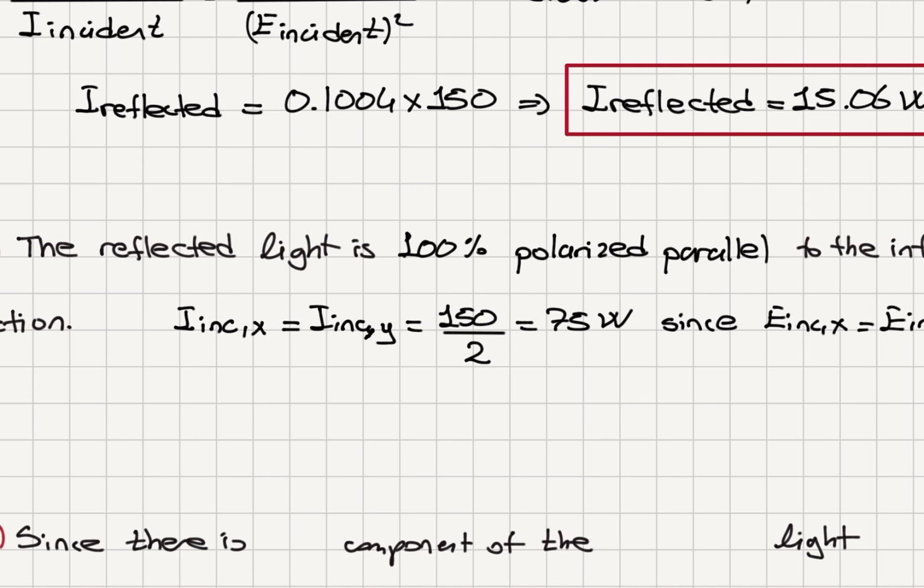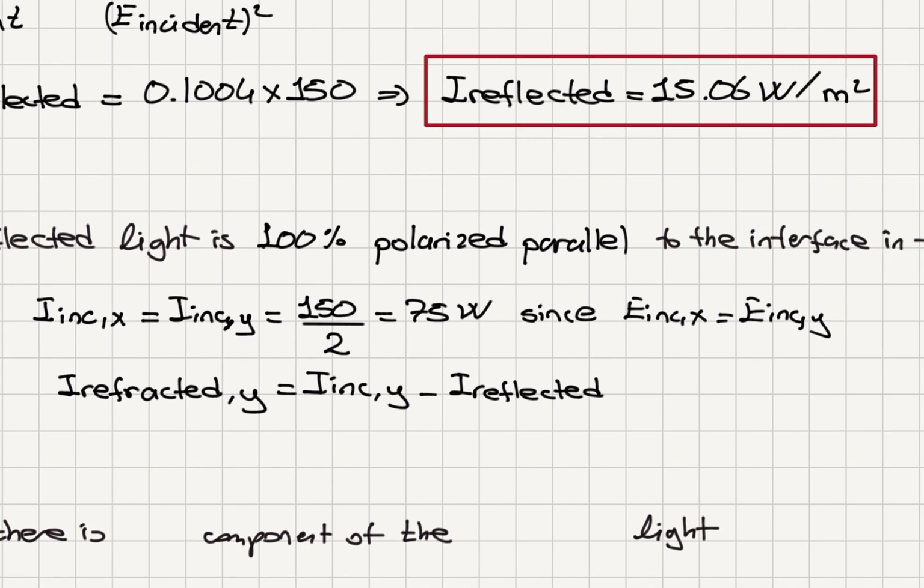Now for the refracted beam y component, we have the incident beam y component intensity minus the reflected beam y component intensity. This is equal to 75 minus 15.06.